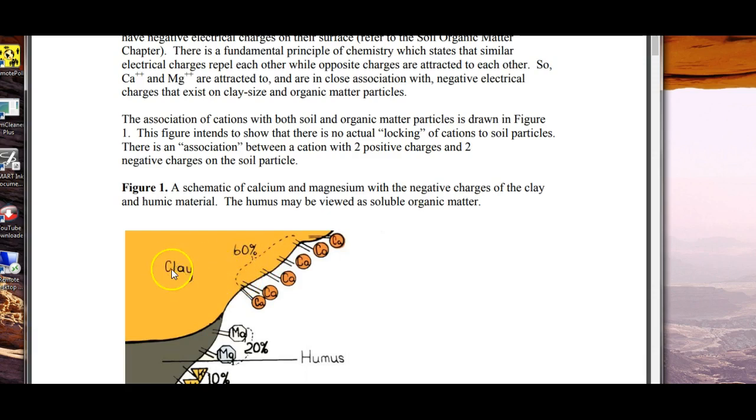Okay, so if we look right here, it says this figure intends to show there is no actual locking of cations to the soil particles, but there's an association between a cation with 2 positive charges and 2 negative charges on the soil particle. So the calcium hooks up to 2 negative sites on the soil.